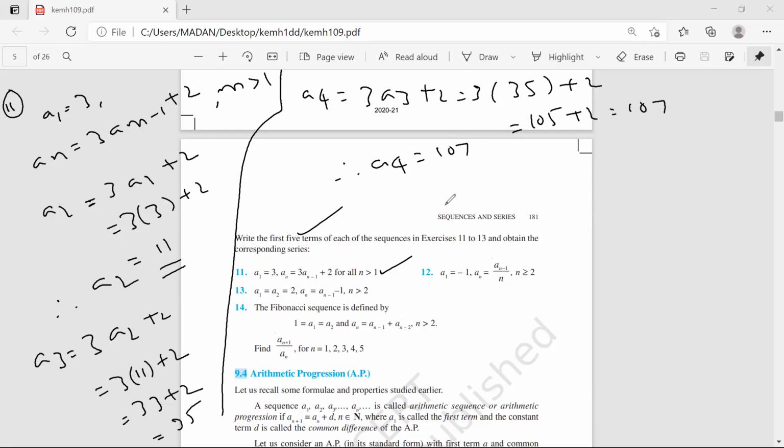Similarly, for A5: 3 into A4 plus 2. What is A4? 107, plus 2. Simplify this.